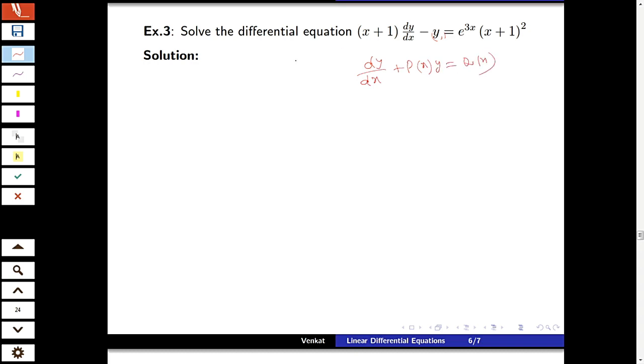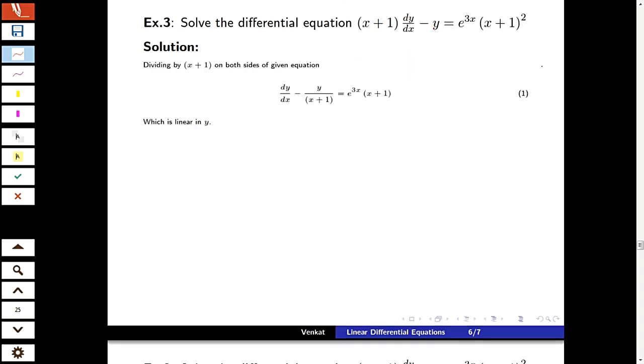Now from the given, if you divide with x plus 1, you get dy by dx plus y by x plus 1 equal to e power 3x. This is of the form dy by dx plus p of x into y equal to q of x. It is linear in y. What is p of x?